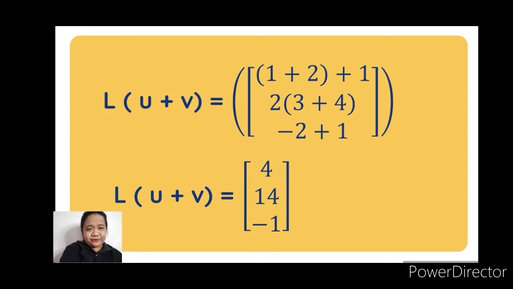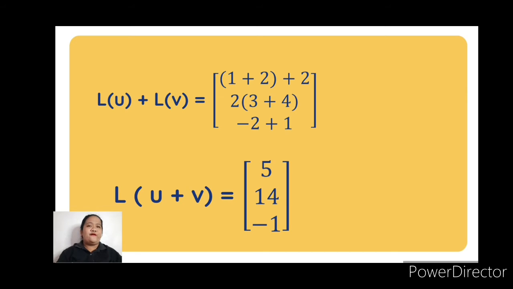And then the next is, if we use the distributive property, the L times u plus v, we will use the distributive property: L times u plus L times v. So we have there u sub 1 plus v sub 1 plus 2, and 2 times the quantity u sub 2 plus v sub 2, and then the u sub 3 plus the v sub 3.